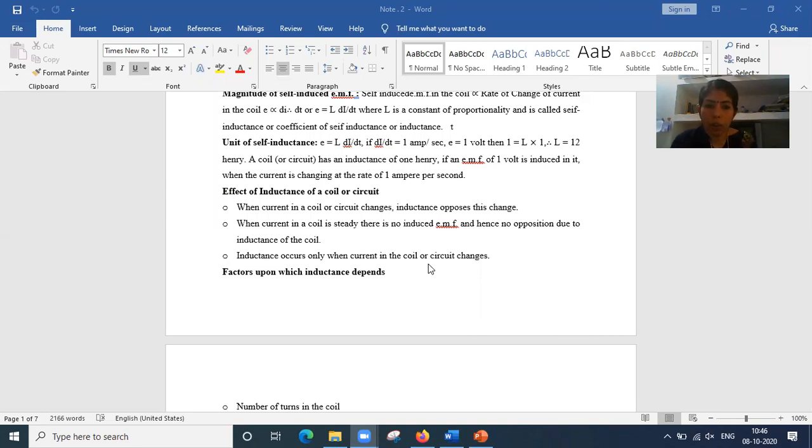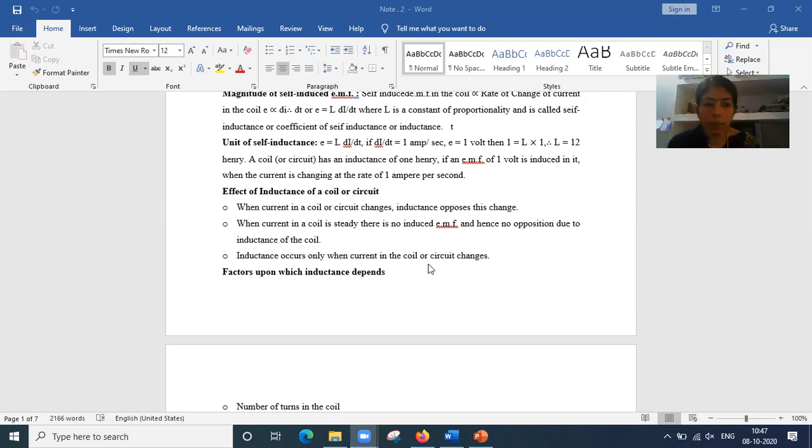When the current in the coil is steady, there is no induced EMF and hence no opposition due to inductance of the coil. That is, if the current is constant, there will be no induced EMF. If a constant current flows through a coil, it cannot produce an EMF because there is no change in magnetic flux.